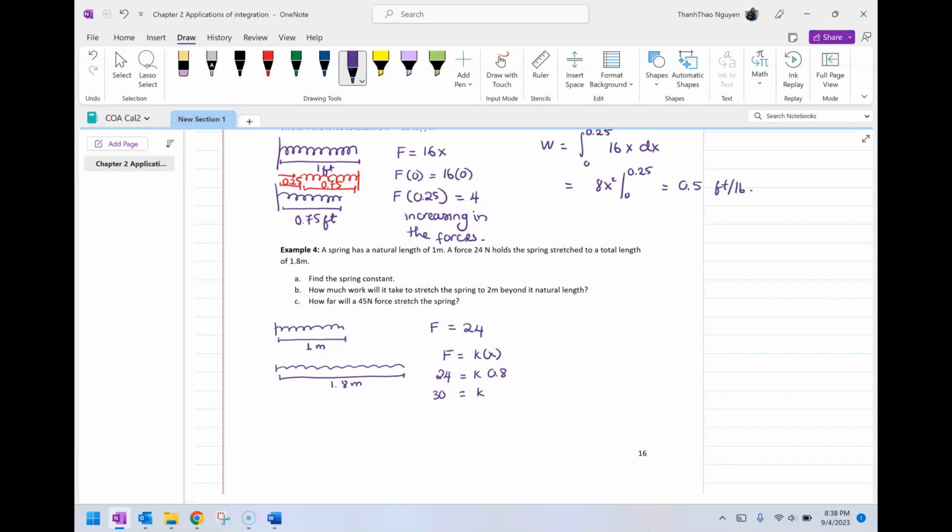The next thing is, how much work would it take to stretch the spring to 2 meters beyond its natural length? To do that, first let's figure out the force. We know that k equals 30, so the force acting on the spring is given by F equal to 30 times x.